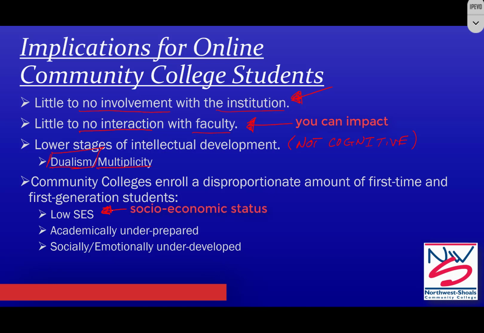For a lot of them, that's why they're here, because community college is cheaper. As a result, you get students that come from backgrounds of lower socioeconomic status, and students that are more academically unprepared, more socially and emotionally underdeveloped.